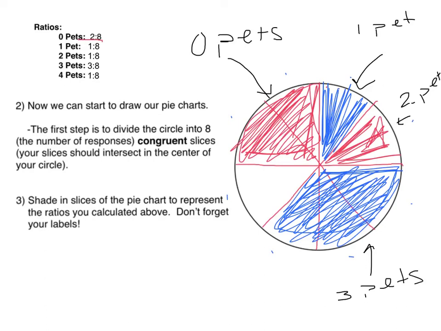And last but not least, we have how many people had 4 pets, which is 1 out of 8. So again, it's really important that you have 8 congruent slices so that they represent the correct ratio, and you're going to shade in the corresponding number of parts to your ratio.